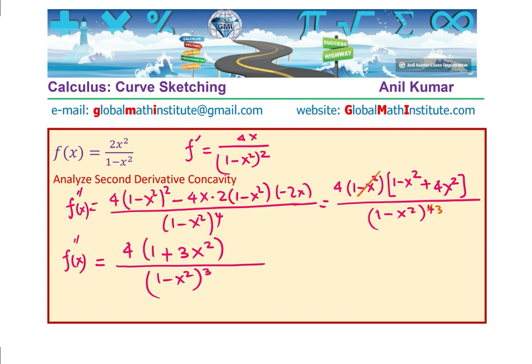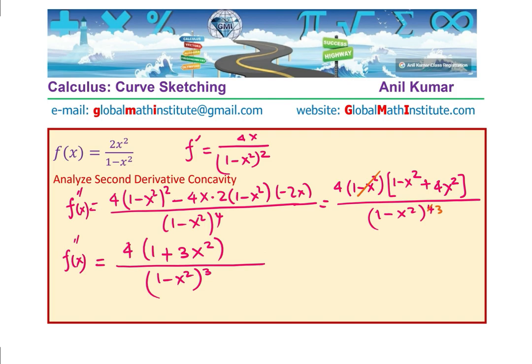So in this particular case, you see that the critical points are at x equals plus and minus 1, right? And therefore, we have to check the concavity on either side of plus and minus 1, right?